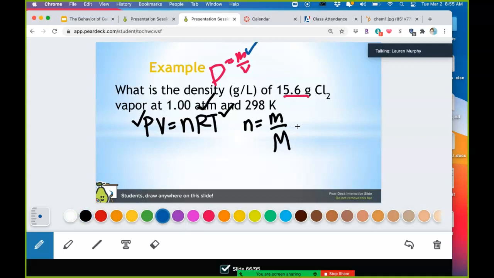It's 15.6 grams. Mass divided by volume. I don't have the volume yet, but I have enough to get me to the volume. Because even though I have grams of chlorine, you should be able to turn grams into moles of chlorine using the periodic table. That's what we've done a bunch of times this year. So if I rearrange to solve for volume, that means I divide both sides by P, right, to get volume by itself.